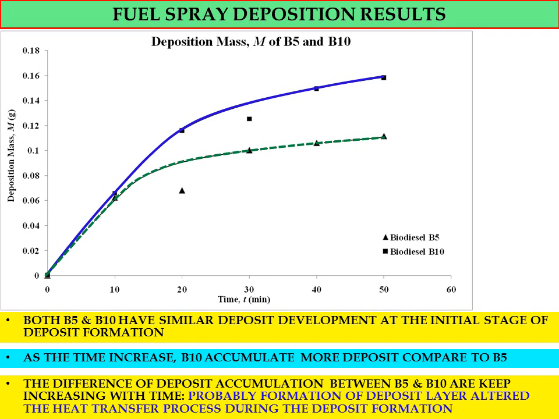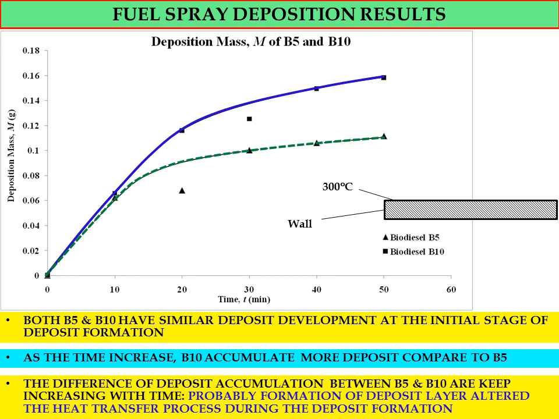Probably the formation of the deposit layer altered the heat transfer process during deposit formation, as shown in the schematic diagram. For example, without deposit formation, the surface temperature is 300. When the first layer of deposit forms, the surface temperature of the deposit may be reduced to 295 degrees Celsius.